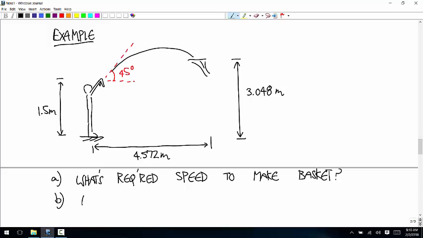And second, what's the highest point? What's the height of the ball at the highest point? Yeah, 3.048. Yeah. What's the height at the highest point?